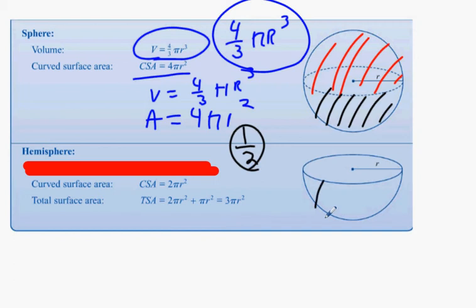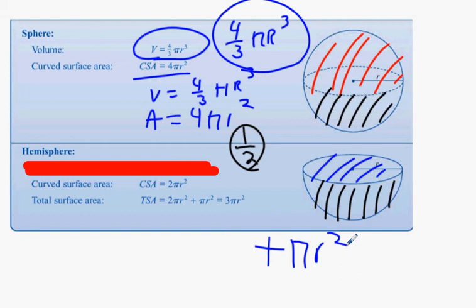But what's lacking is we haven't done anything about the new blue part that's been exposed. What shape is the blue part? A circle. And what's the area of a circle? Pi r squared. So get half the original sphere and then add on another pi r squared for the hemisphere.